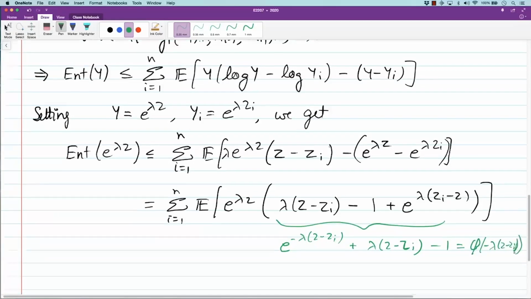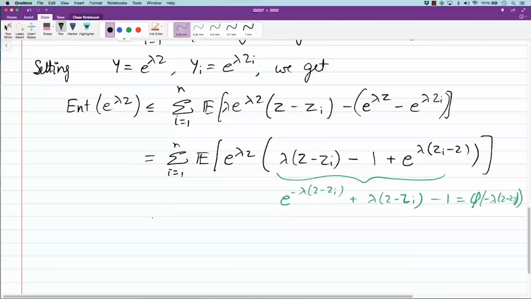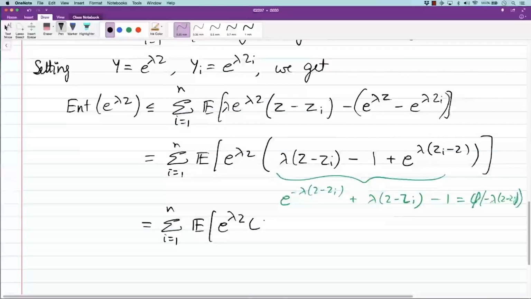Okay, the function we were looking for. So we have shown that this thing is nothing but summation i equal to 1 to n expected value of e to the power lambda z phi of minus lambda z minus zi.